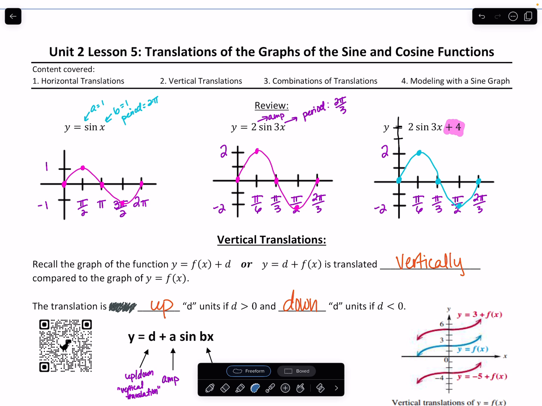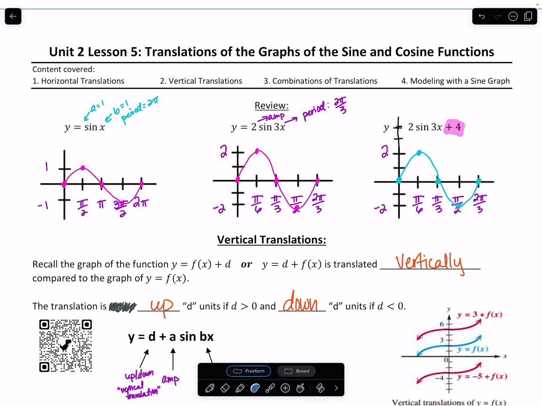Well, hopefully you remember from doing parabolas and even absolute values, even some square root graphs, that constant at the end, what that does to our function is it translates it up and down.